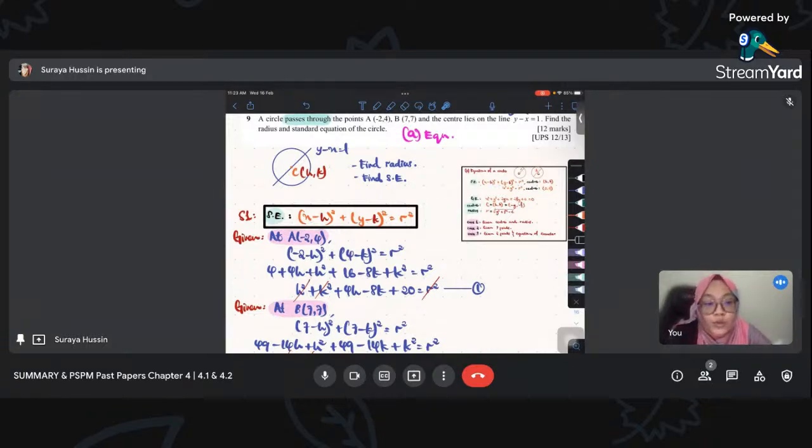Some of you use the standard equation, some of you use the general. It's up to you whether to use the standard equation or the general equation.